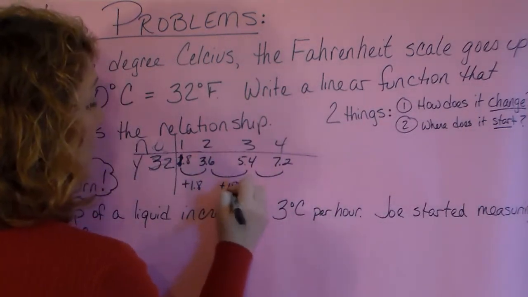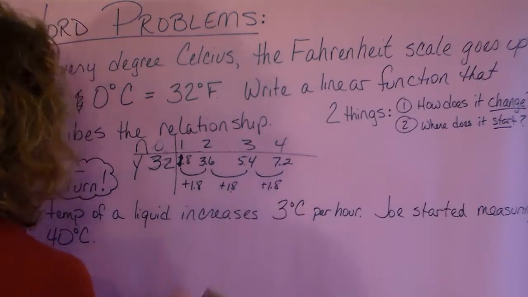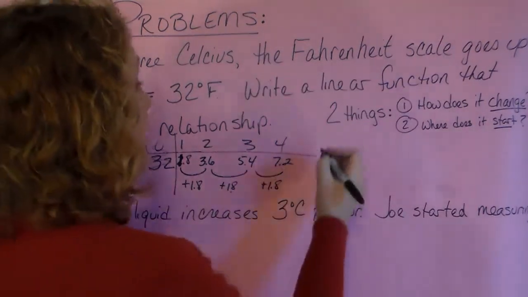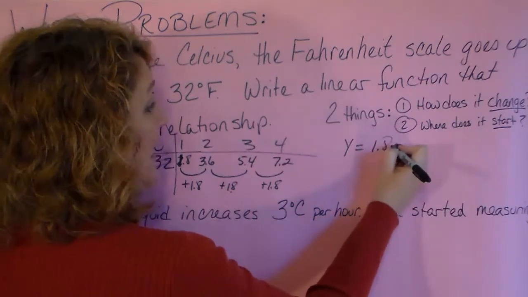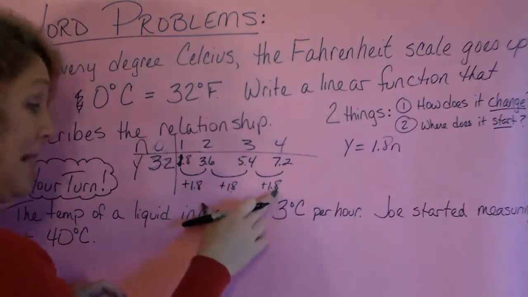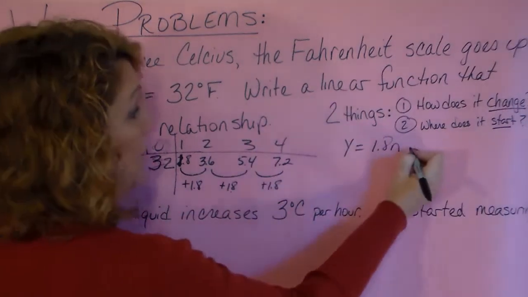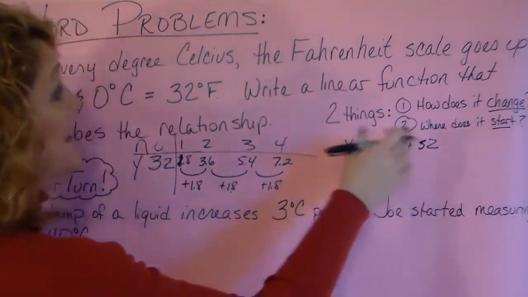And every time we add 1.8. So we know that our function is 1.8n, because that's our repeated addition, plus 32. That's our linear function.